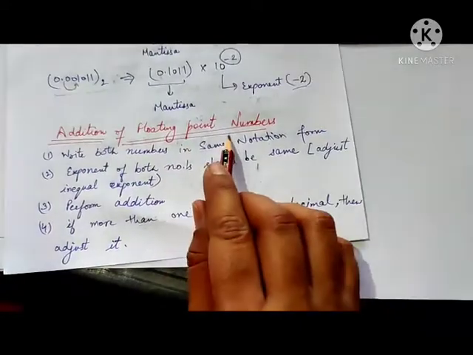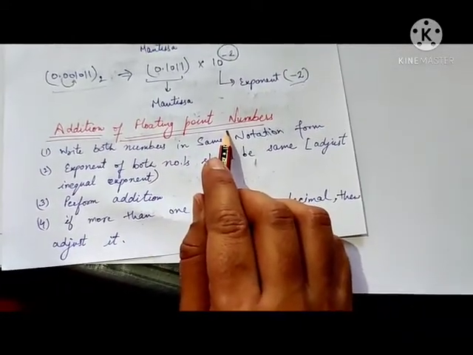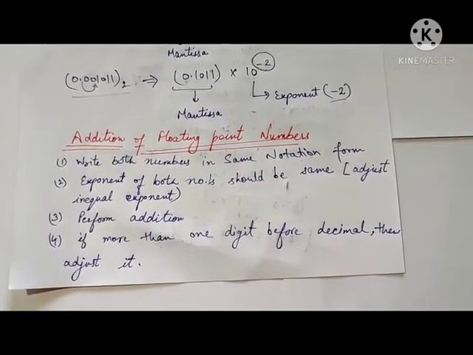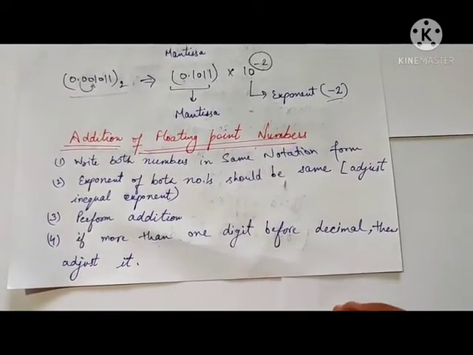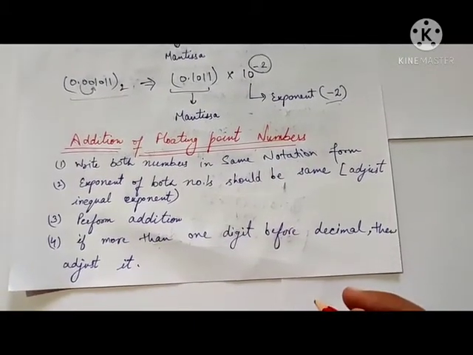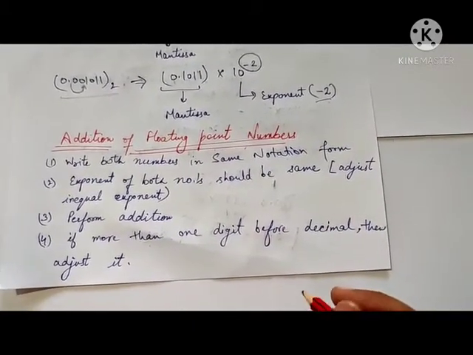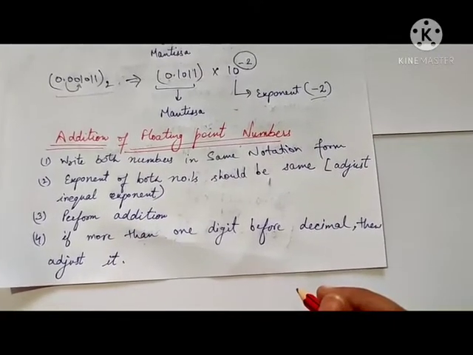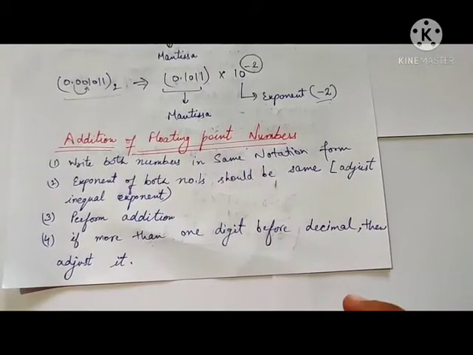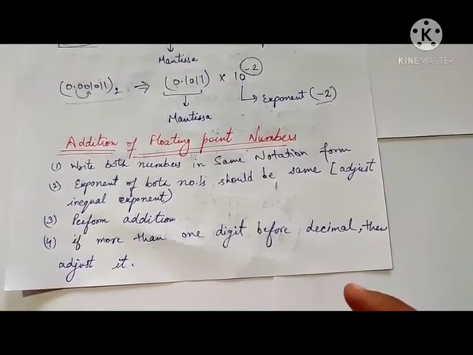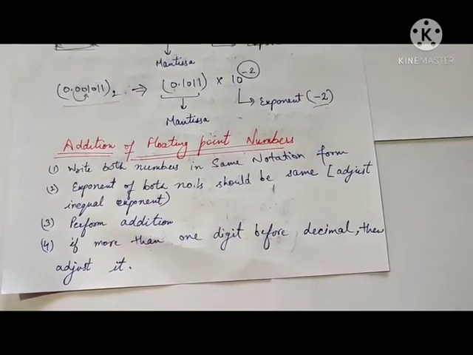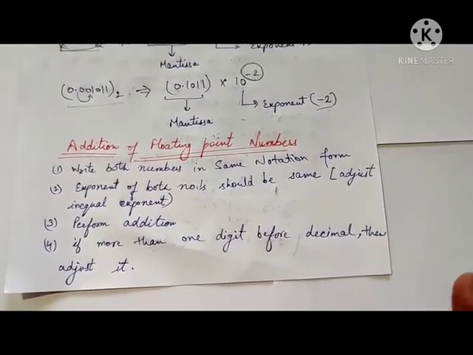Next, addition of floating point numbers. How can we add two floating point numbers? First step, write both numbers in the same notation, the normal scientific notation. Second, make sure the exponents of both numbers are the same. If the exponents are different, then shift the decimal point of the number that has the smaller exponent to the left.